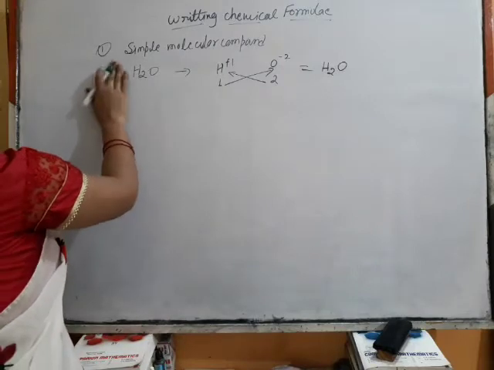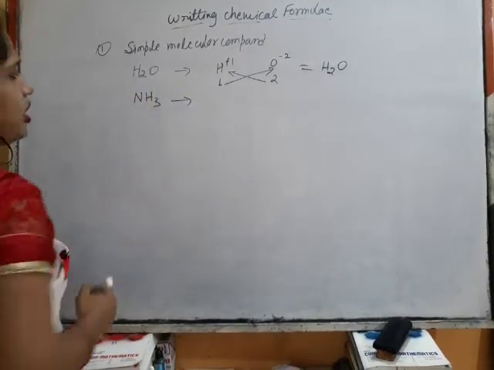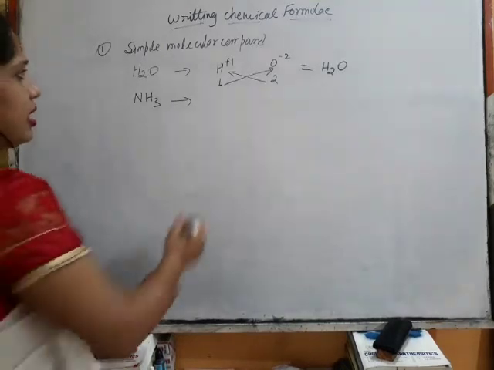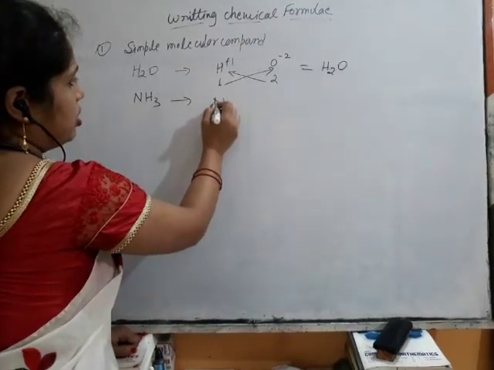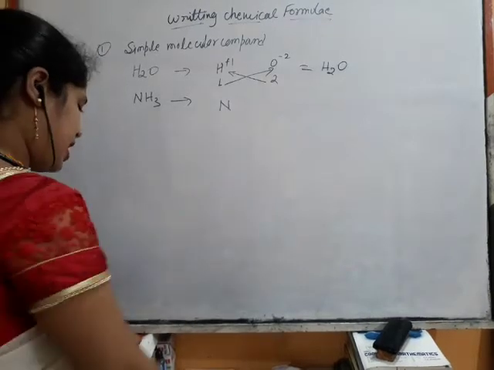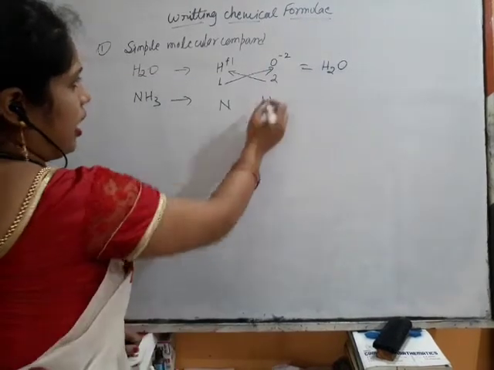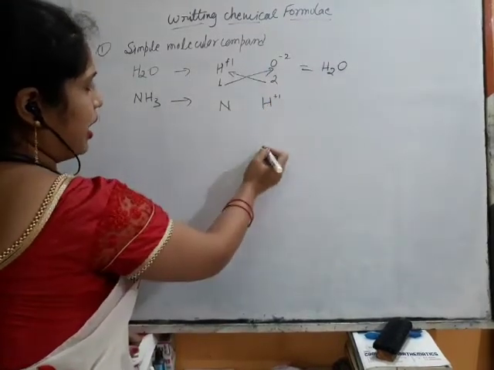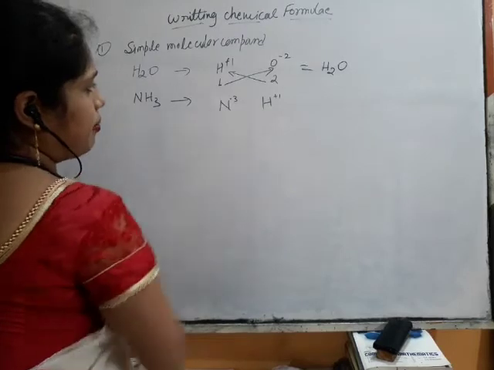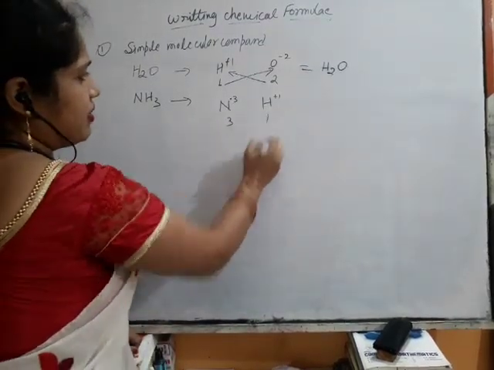Now the second example, NH3, ammonia. Nitrogen and hydrogen. Hydrogen is a positive ion, you know that, and nitrogen is 3 minus, its valency is 3, and the valency of hydrogen is 1.